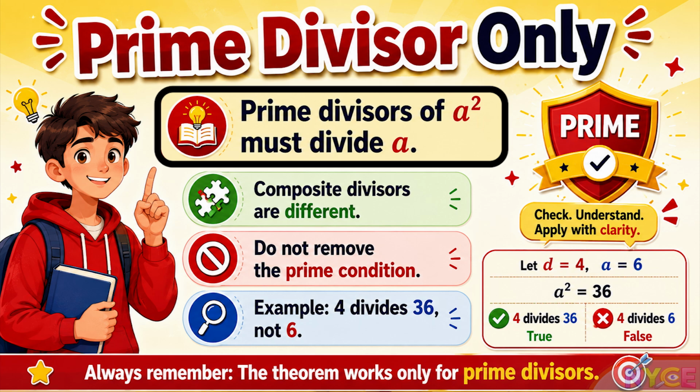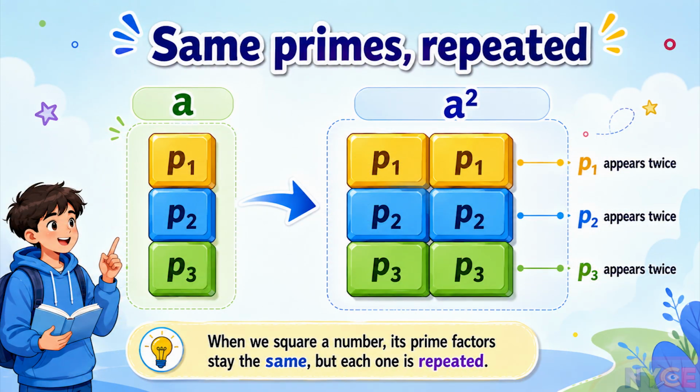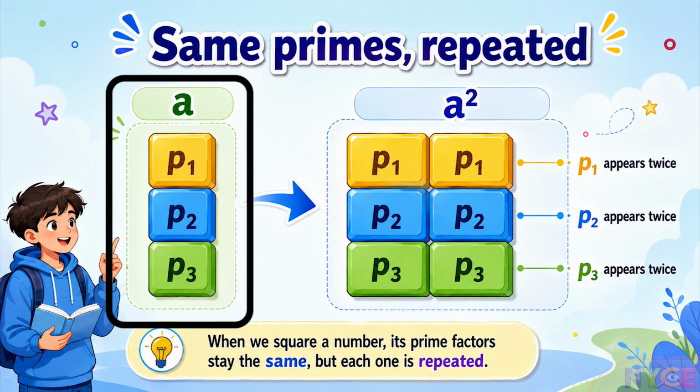Now let us prove the theorem using the fundamental theorem of arithmetic. Think of a as a number built from prime blocks. By the fundamental theorem of arithmetic, every positive integer greater than 1 has a unique prime factorization. So we can write a as a product of primes. For example, maybe a has prime factors p1, p2, p3, and so on. Now square a.